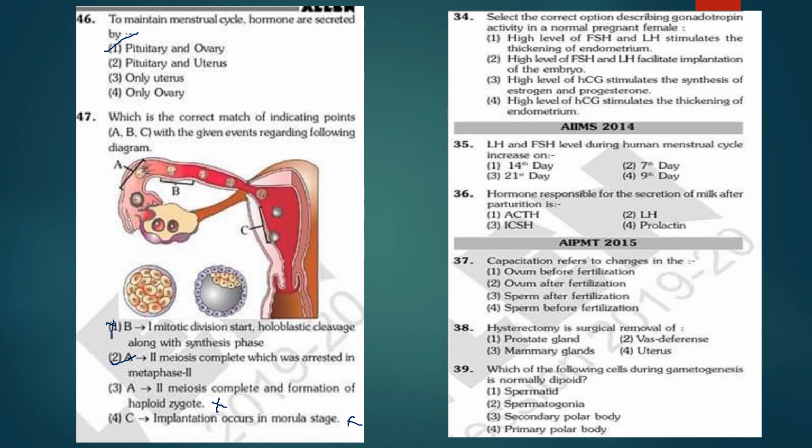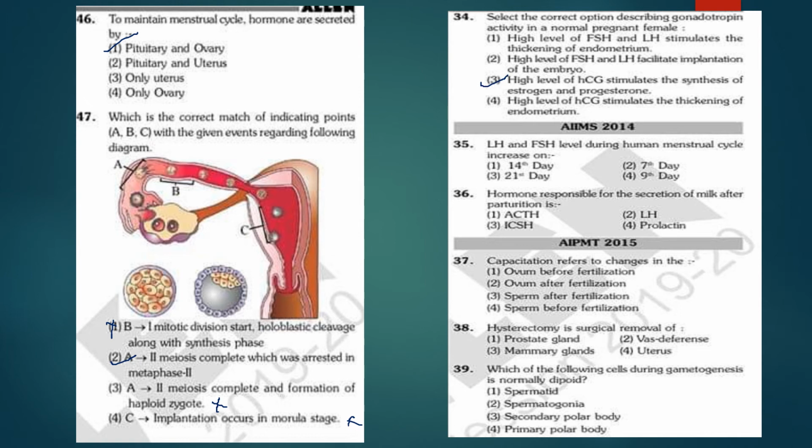The one promoting implantation is progesterone, which helps in attachment and maintaining pregnancy. So that is also wrong. High level of HCG stimulates the synthesis of estrogen and progesterone. This is true. High level of HCG stimulates the thickening of endometrium? No, it is false. So the correct one is the third one.